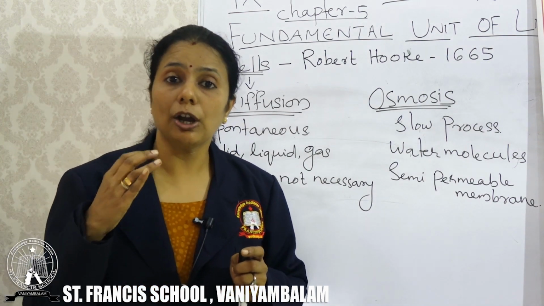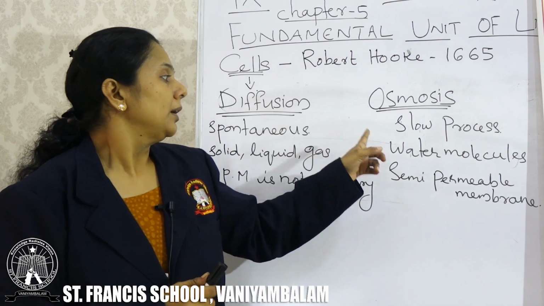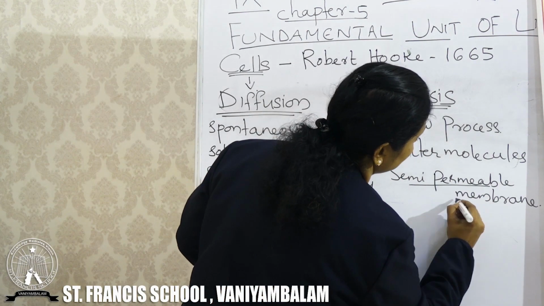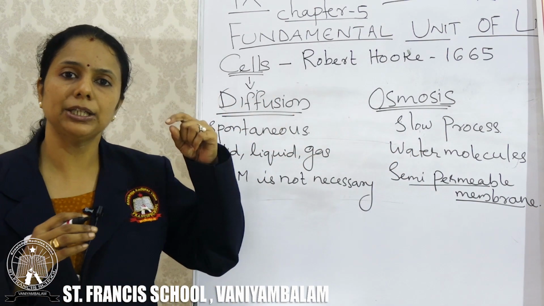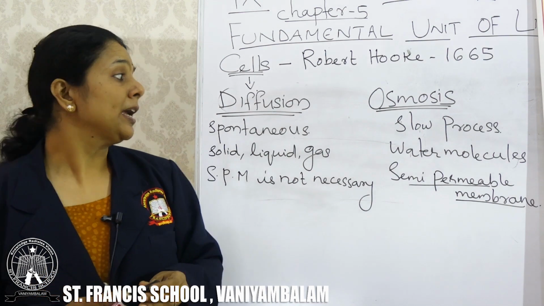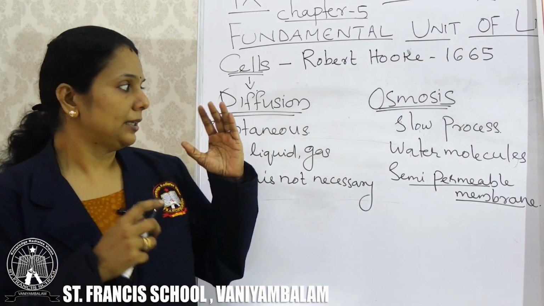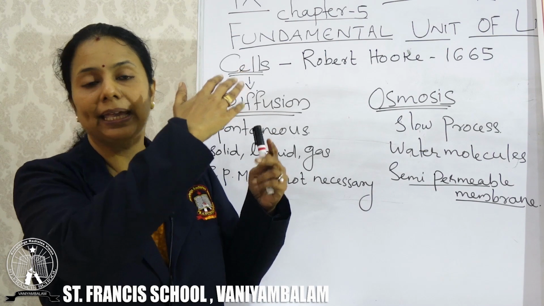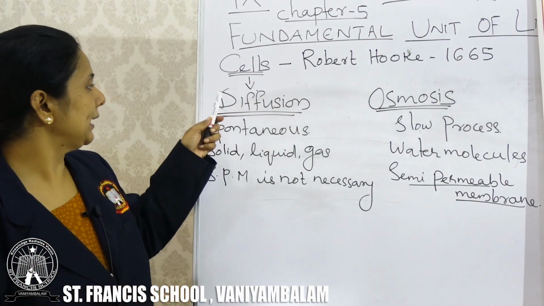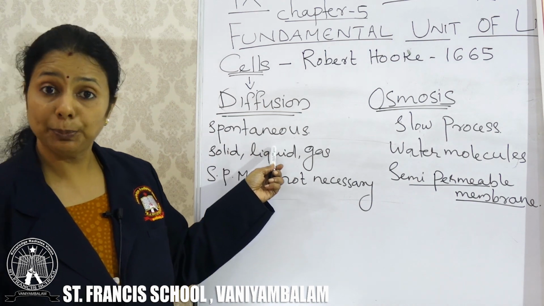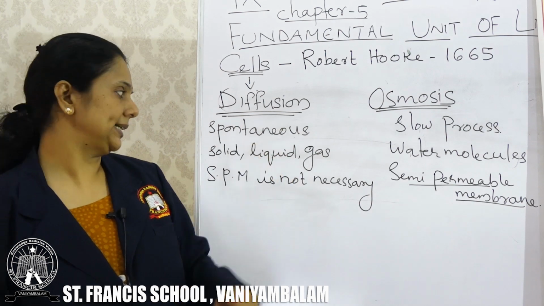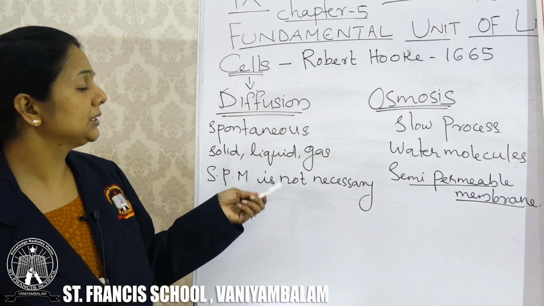It is the movement of water molecules through a semi-permeable membrane, this is very important, from a region of higher concentration to a region of lower concentration. So in both cases the transfer happens from a region of high concentration to a region of lower concentration, but in diffusion it is a very spontaneous movement, it happens in solid, liquid and gases, and a semi-permeable membrane is not necessary.